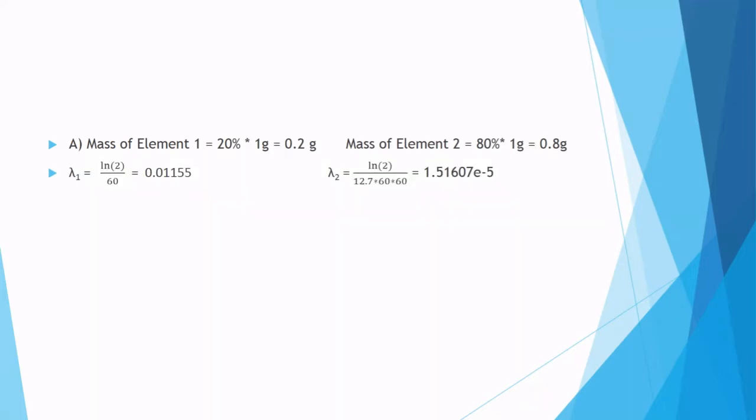The first step we are going to take is to calculate the mass of each element present. To do this, we multiply the total mass of 1 gram by the percentages given by the question. Next, we are going to calculate the decay constant for each of the elements.